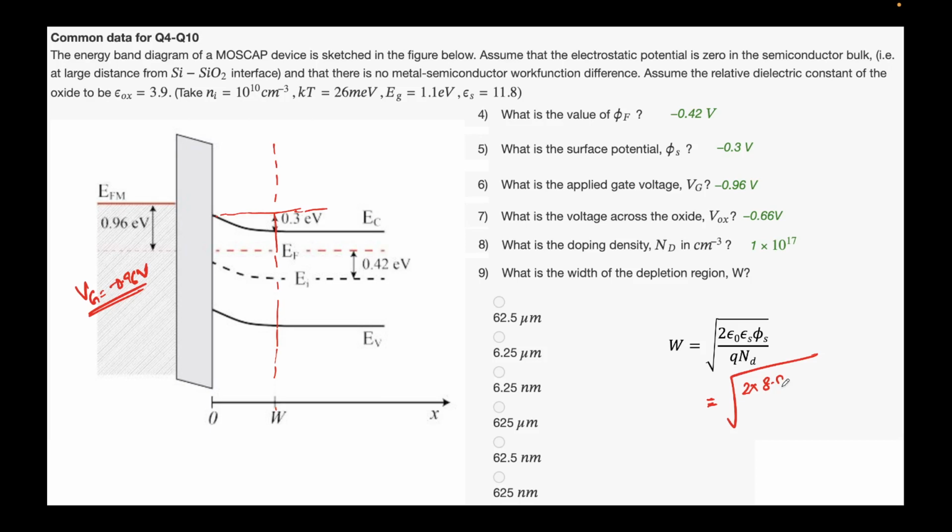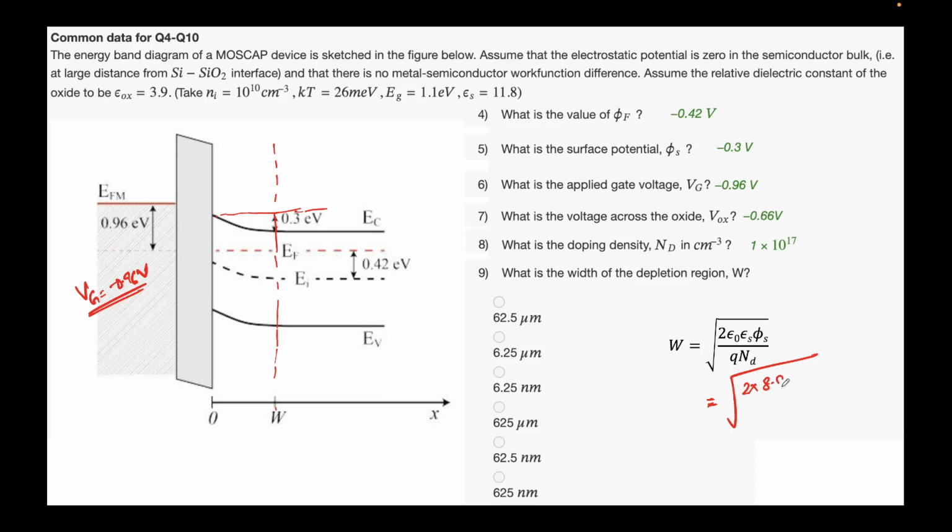Phi s was given to us as 0.3. We have to put the magnitude here, not the sign. Q is 1.6 times 10 to the power minus 19, and ND we found out as 10 to the power 17. So units will be centimeters here, please note, not meters.